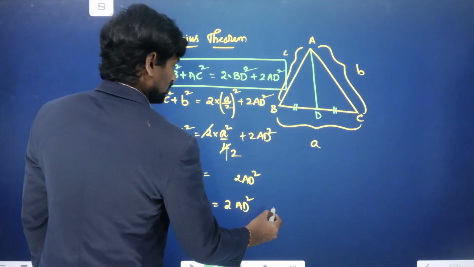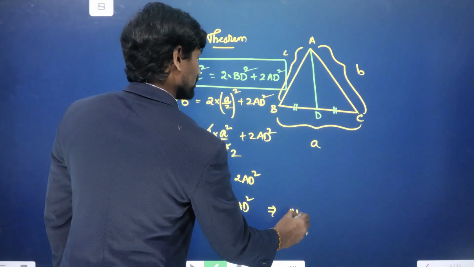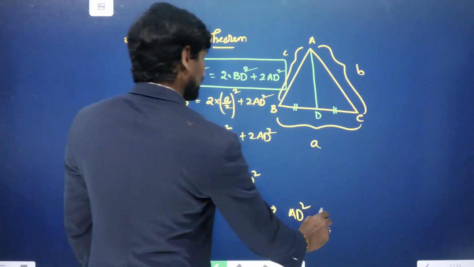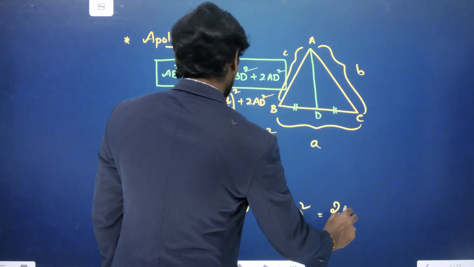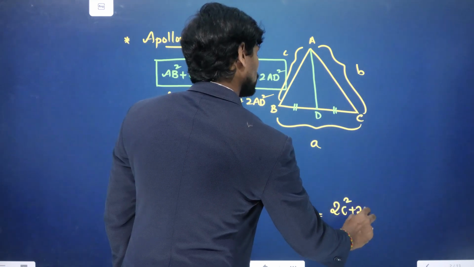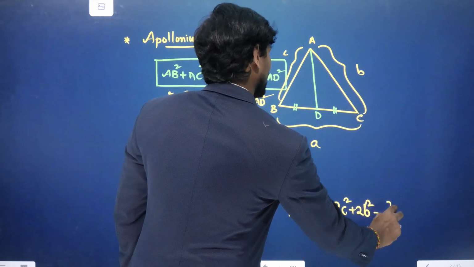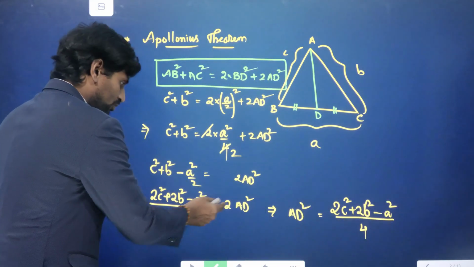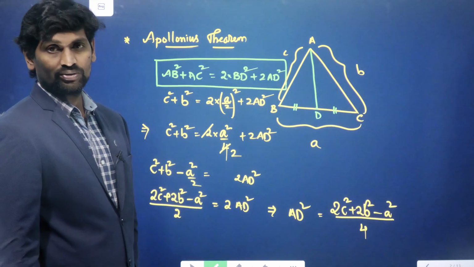So AD square equals, again 2 is multiplying, when you transpose it, it is going to divide, 2C square plus 2B square minus A square by 4, because it already has 2, and this 2 when transposed divides, so 2 into 2 becomes 4.